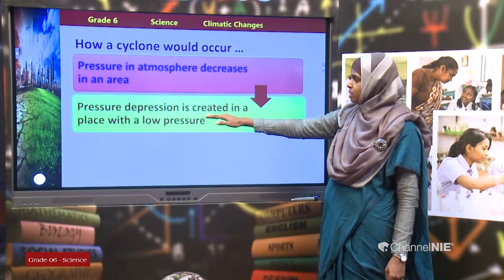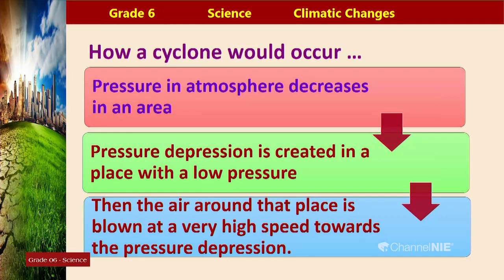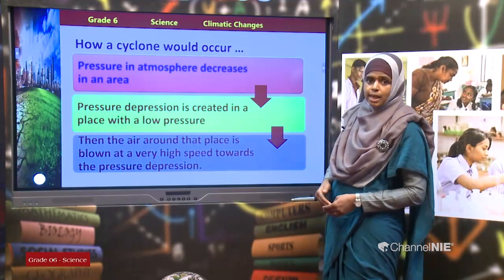Drop in the pressure is called pressure depression. That area has a low pressure. Into this particular area, from the surrounding areas, the air around that place is blown at a very high speed. Into this area with pressure depression, there will be wind blowing with very high speed, which causes a cyclone.